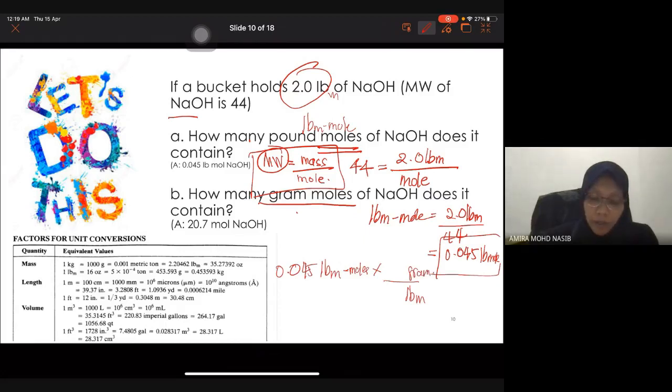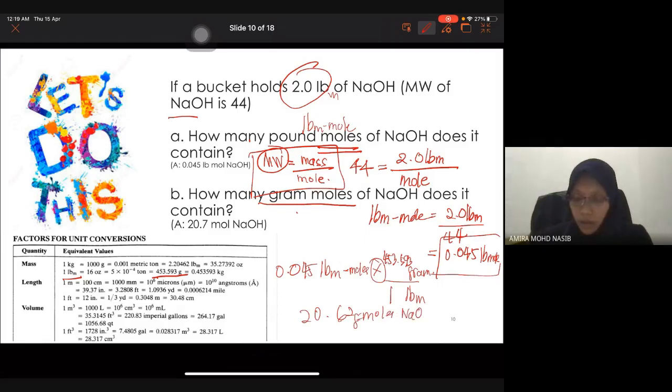So look back. 1 pound mass is equal to 453.593 gram. Okay, so when you multiply, you will get the answer around 20.62 gram moles of NaOH.